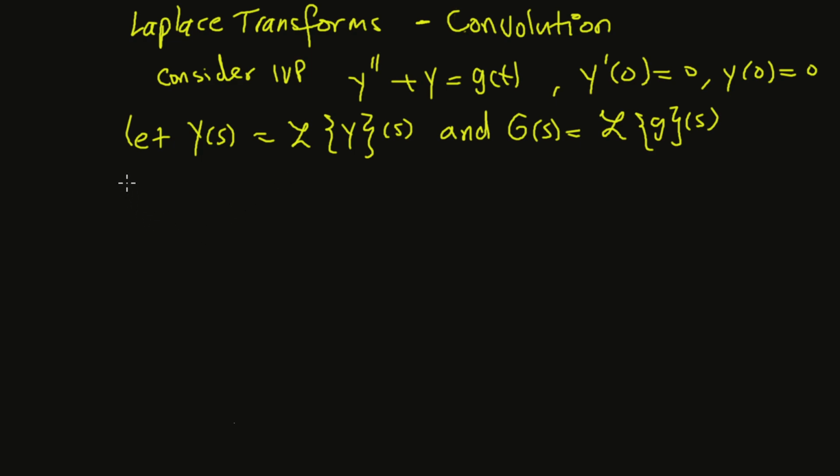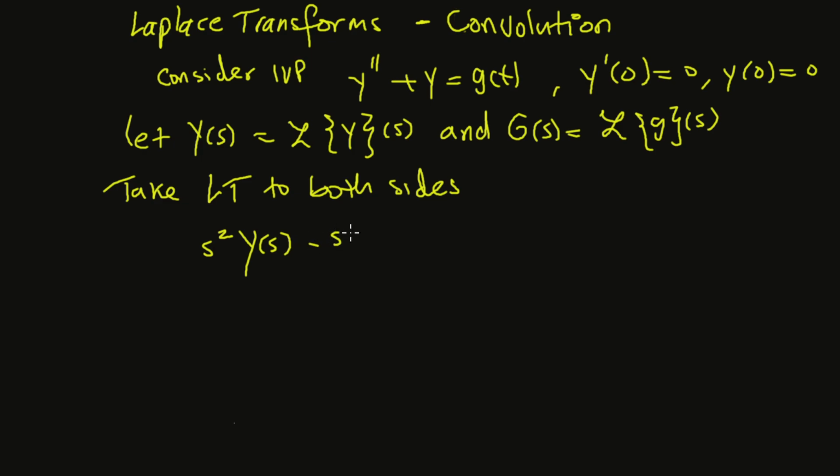So if we take Laplace transforms of both sides, which we've done in the past, you're going to get the Laplace transform of y double prime, which gives you s squared times capital Y of s minus s times y of 0 minus y prime of 0.